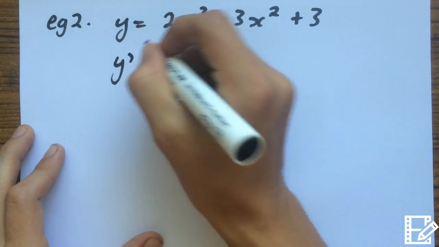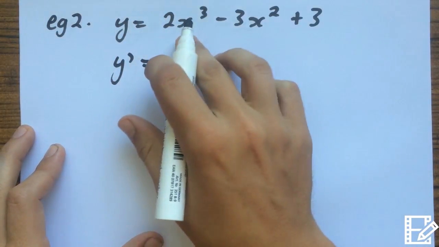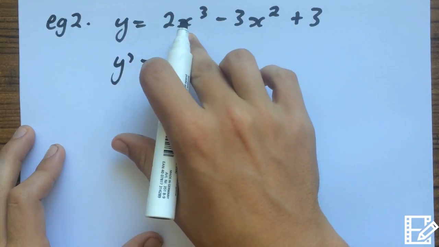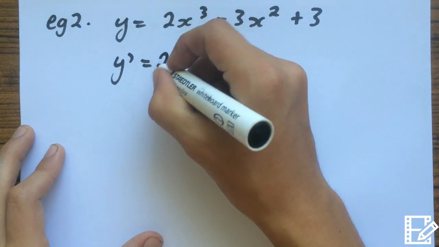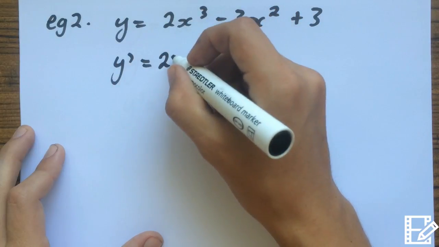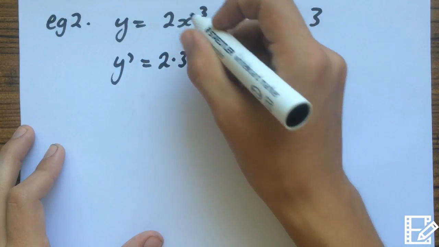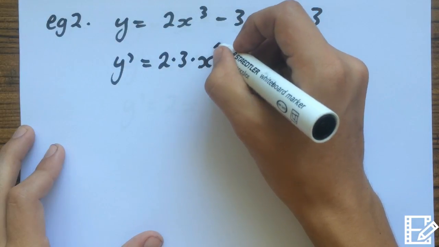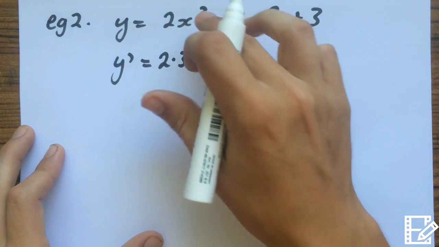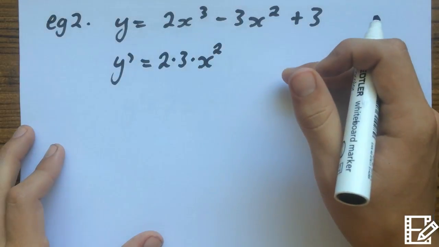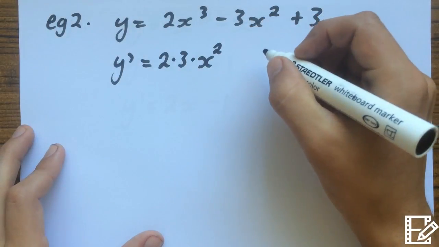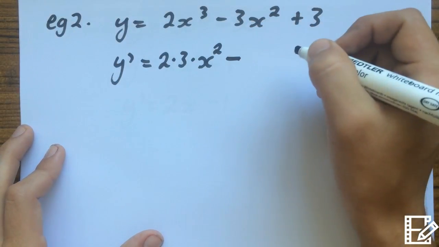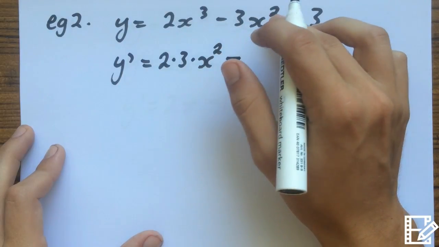Okay, the derivative. Derivative of 2x to the power of 3. We have the 2. We'd bring the 3 down, multiplied by 3, multiplied by the x, take 1 off the power, and I'm left with x squared, because we bring the power down and we take 1 off the initial power, minus 3x squared.